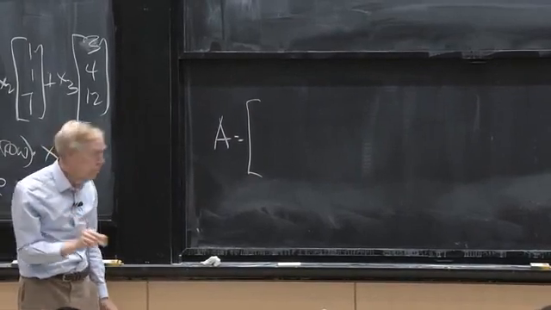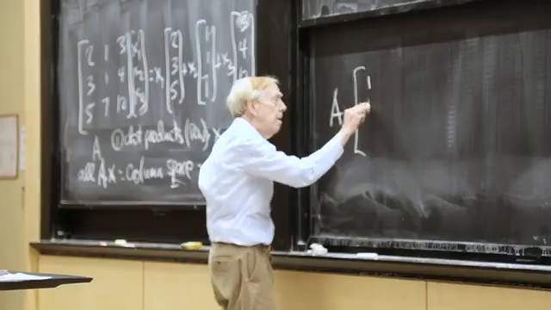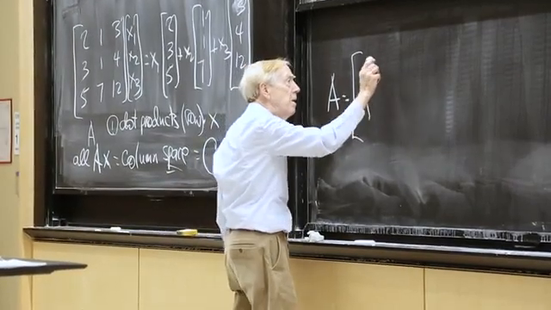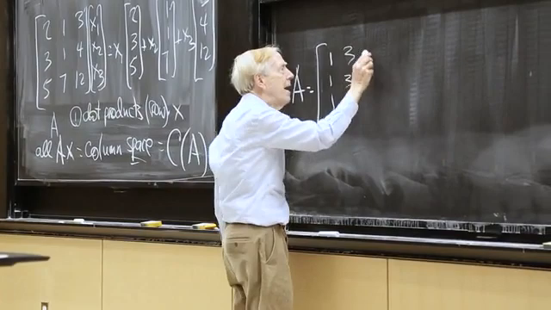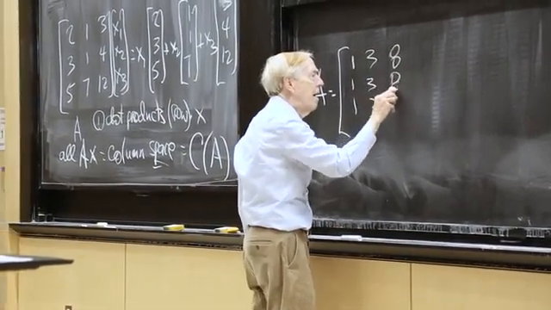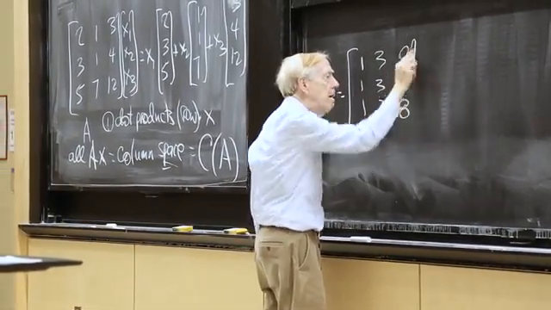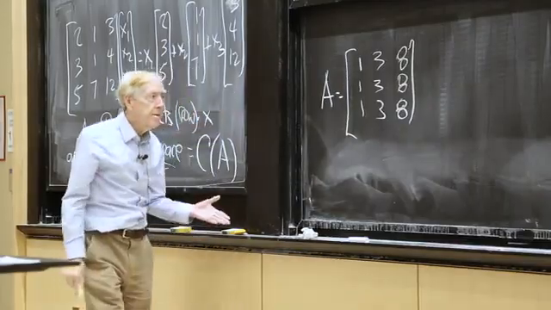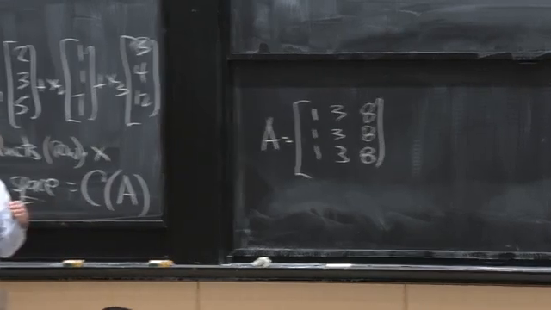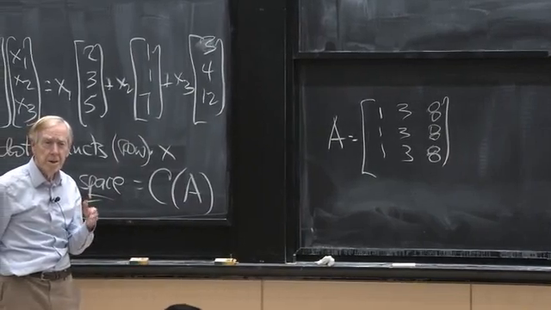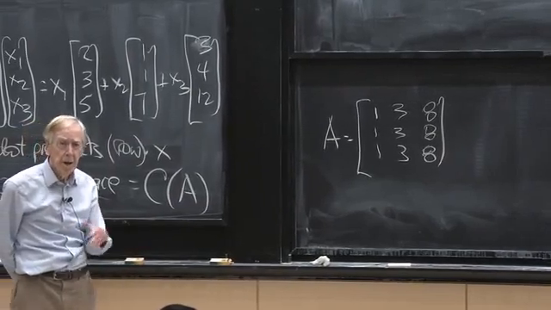All ones. Okay, wow, let me liven it up a little. 3, 3, 3, 8, 8, 8. I think the combinations of those columns are all on the same line. That says that the column space is just a line.